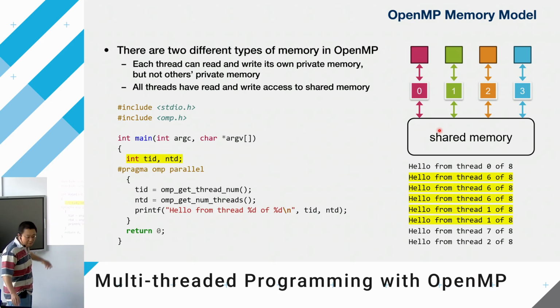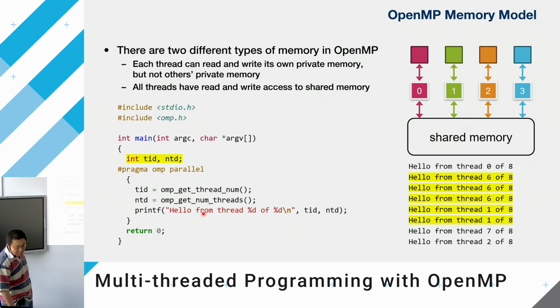Like previously, we have this thread ID, TID, and the number of threads. We have those two variables outside of the parallel region, and we simply give it OpenMP parallel. Inside this parallel region, those variables from outside will by default be shared among all the threads.